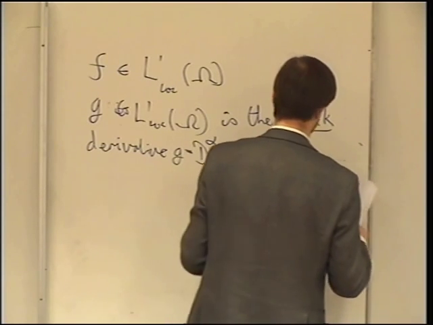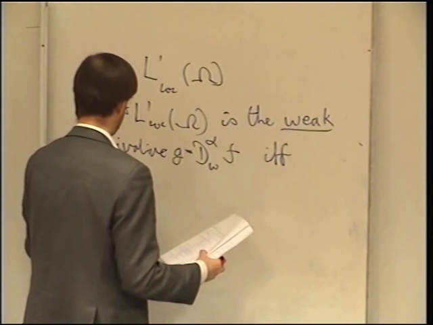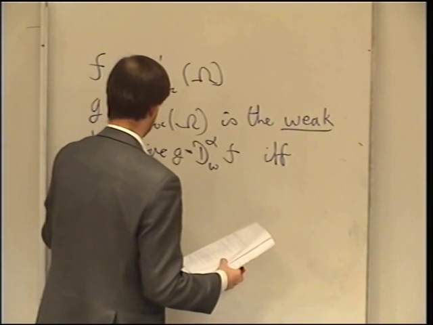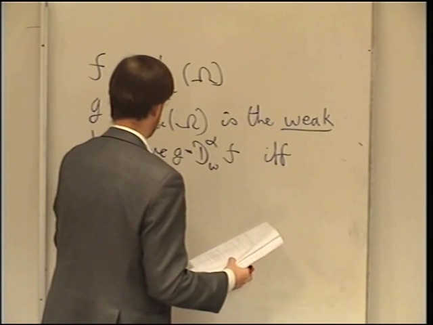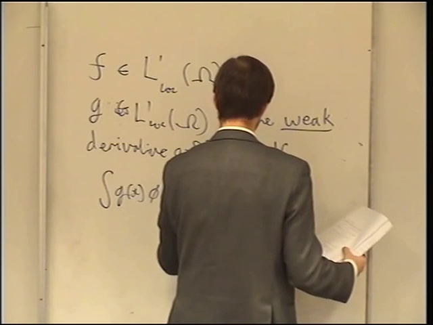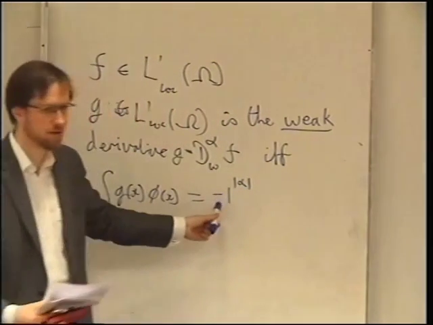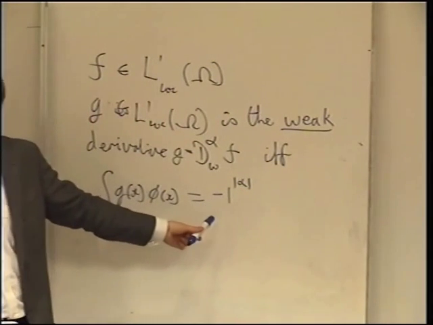If, and only if, the integral of g(x) phi(x) equals minus 1 to the alpha. So we get minus 1 to the alpha by analogy with integration by parts as well, right?